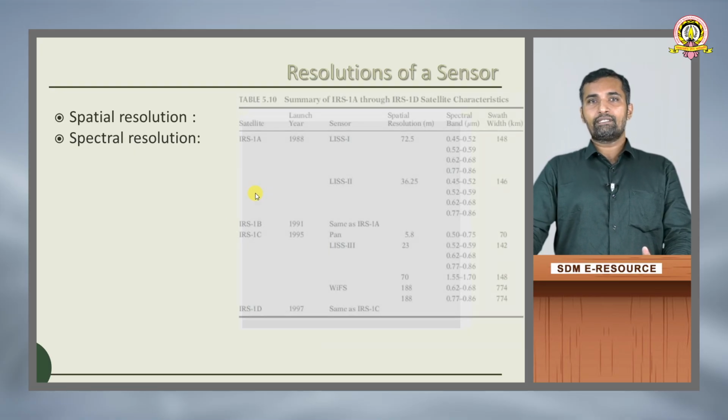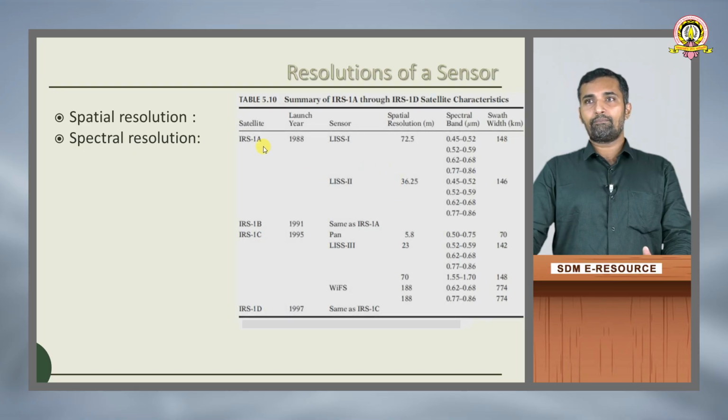Similarly, we have our own Indian satellite sensors. For example, IRS-1A, the first remote sensing satellite launched by ISRO in the year 1988. It carried a sensor called LISS-1, Linear Imaging Self-Scanner.